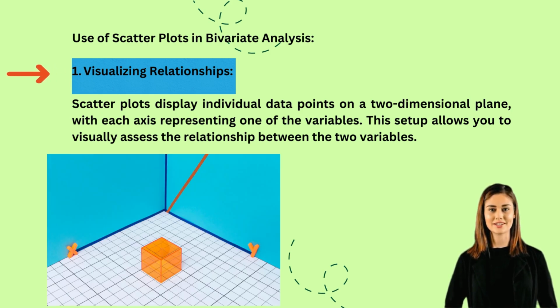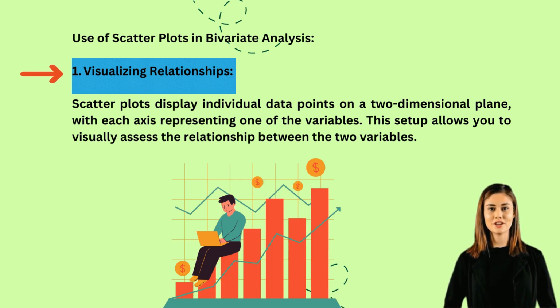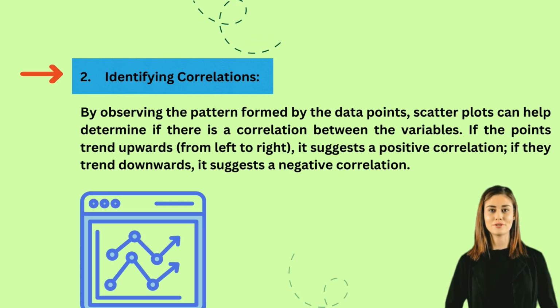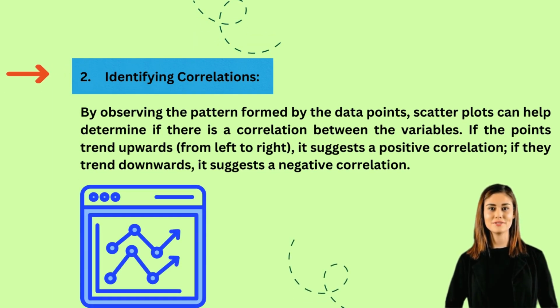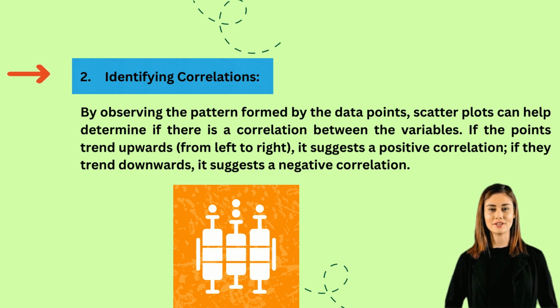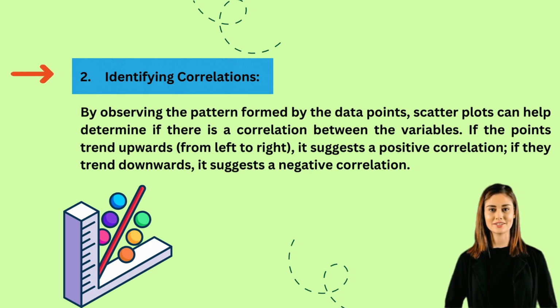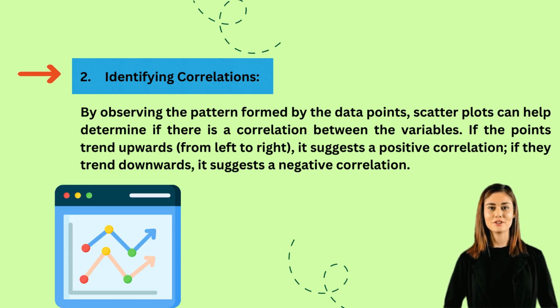This setup allows you to visually assess the relationship between the two variables. Identifying correlations. By observing the pattern formed by the data points, scatter plots can help determine if there is a correlation between the variables. If the points trend upwards from left to right, it suggests a positive correlation. If they trend downwards, it suggests a negative correlation.